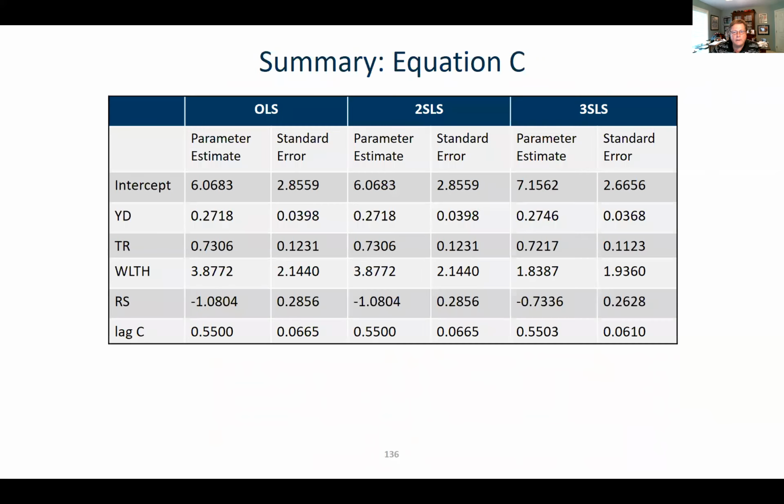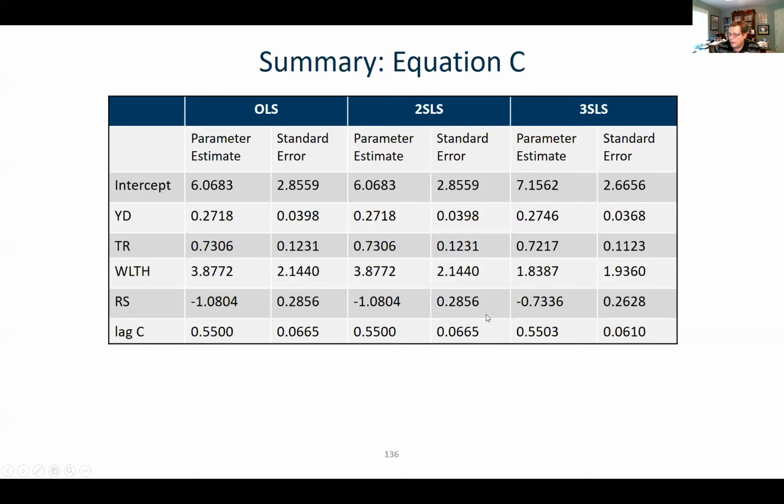And at the end of the day, we can summarize this for each equation, and notice once again the gains or the lowering of standard errors for 3-stage least squares compared to 2-stage least squares, for each equation.